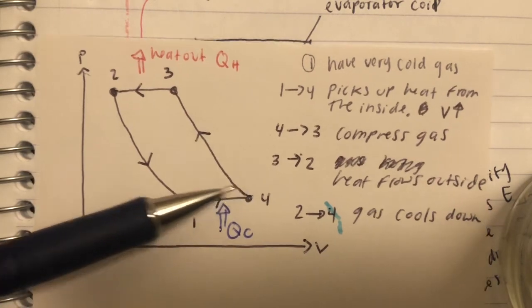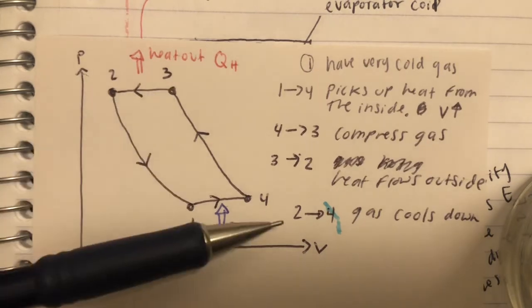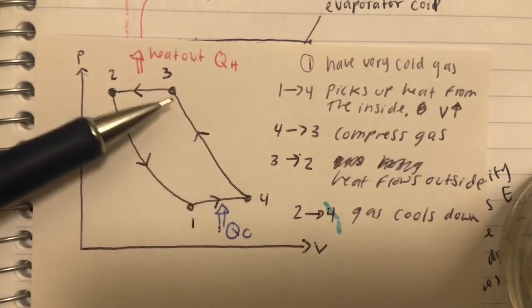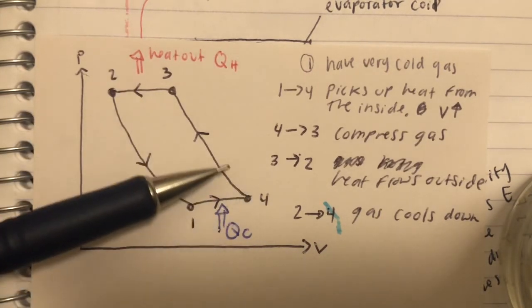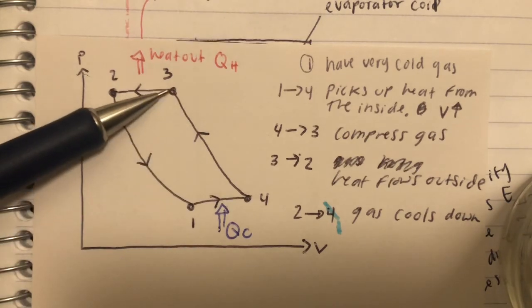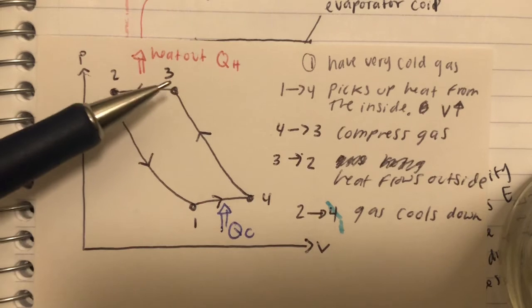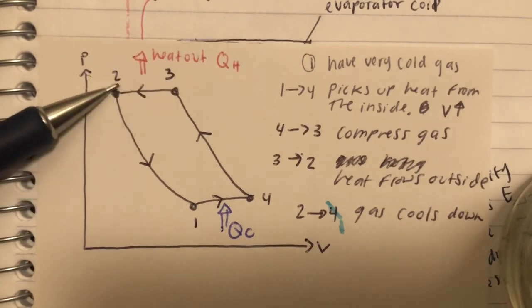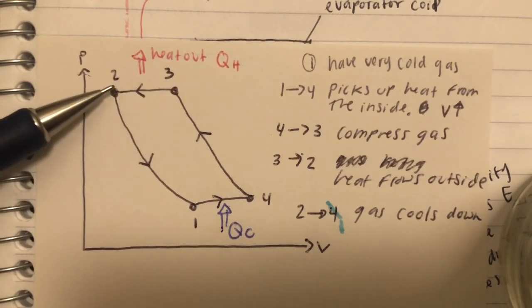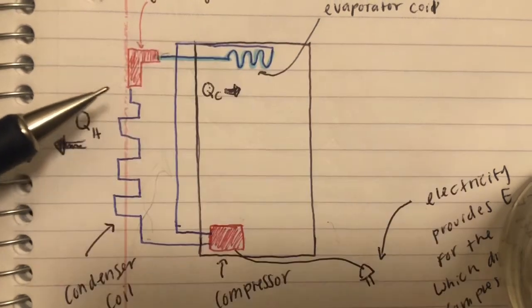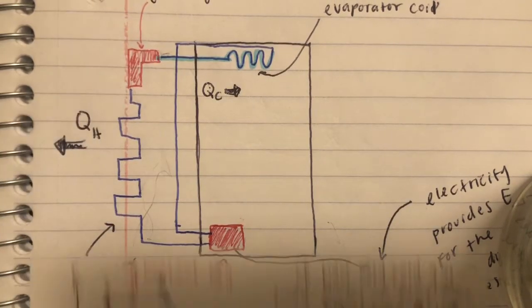And then from 4 to 3, this is when it's going through the compressor. So when it goes through the compressor, there is an increase in pressure and heat. And then from 3 to 2, this is when it's going through the condenser coils.